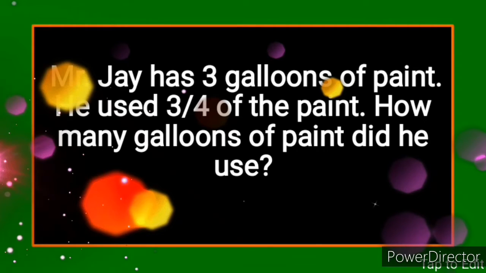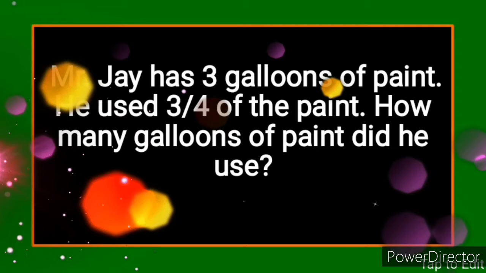Now take note the number 3 and 3/4. 3 stands for whole number. Very good. What about 3/4? Stands for fraction. Now, what strategy can we use to solve the problem?